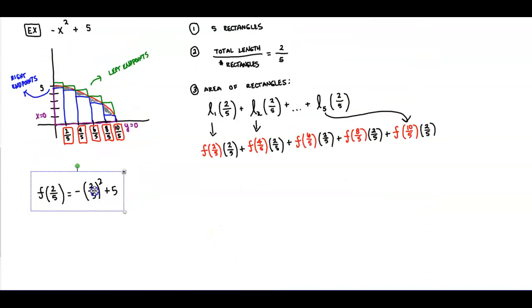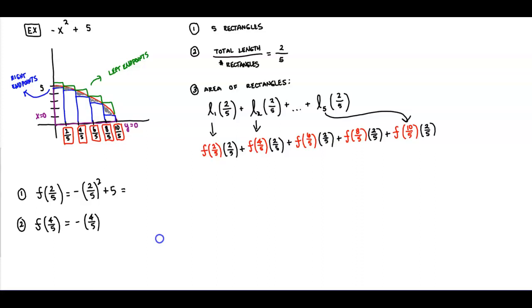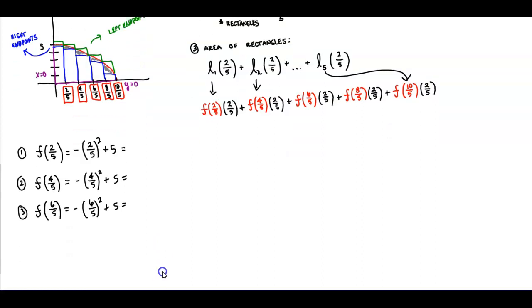Okay, so let me go ahead and do this here on the side. So there's our first one, and then we want to find f of 4/5, which is equal to negative 4/5 squared plus 5, f of 6/5, which is negative 6/5 squared plus 5, and f of 8/5, which is negative 8/5 squared plus 5.